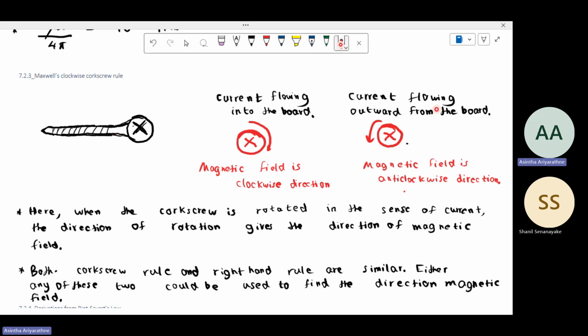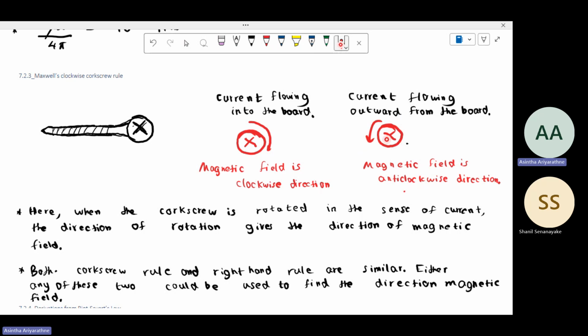Likewise, in the second one, the current is flowing outward from the board. So you have to move this corkscrew in the direction of the current. You cannot interchange the direction of the corkscrew. You have to keep the corkscrew in the same direction.